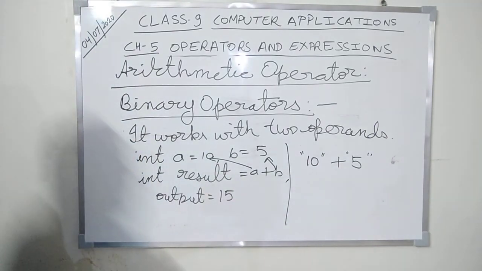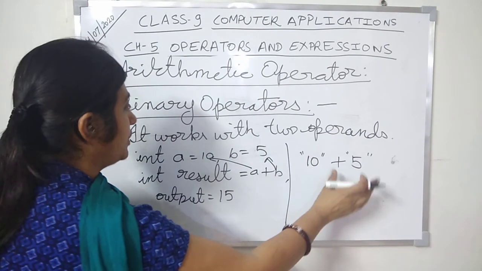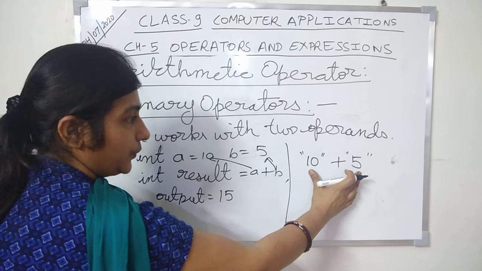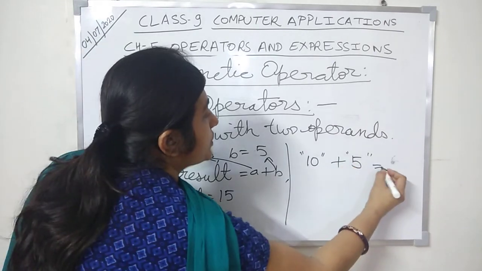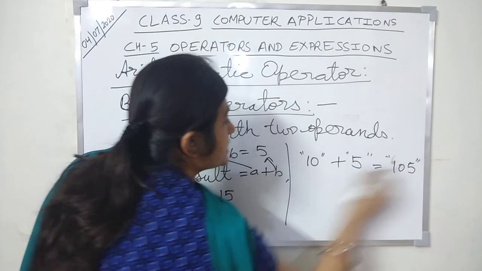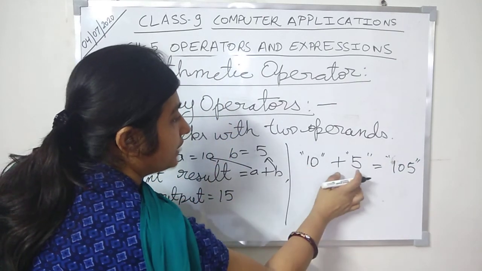So when we add these two string values, actually it will not add, it will concatenate these two string values. So it will produce the result 105. It will simply join them.